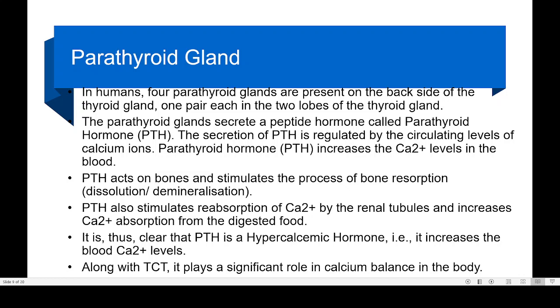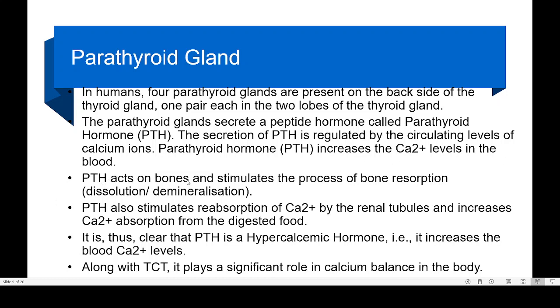If your body senses that a sufficient amount of calcium is not present in your blood, your brain will trigger the release of parathyroid hormone. When it is secreted from the parathyroid gland, it stimulates an increase in the level of calcium ions in your blood.